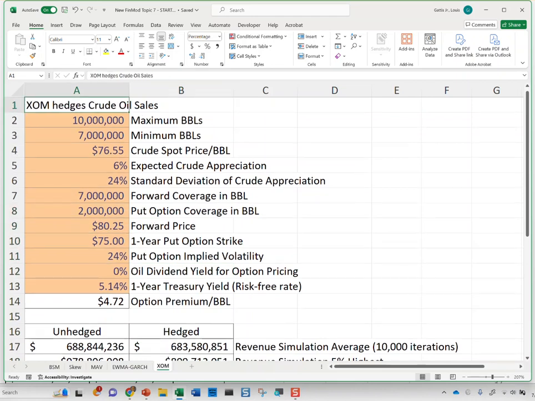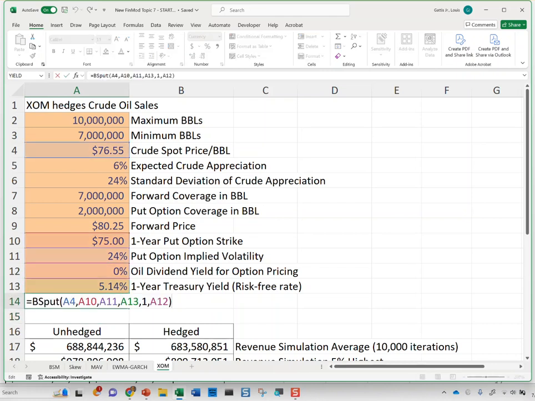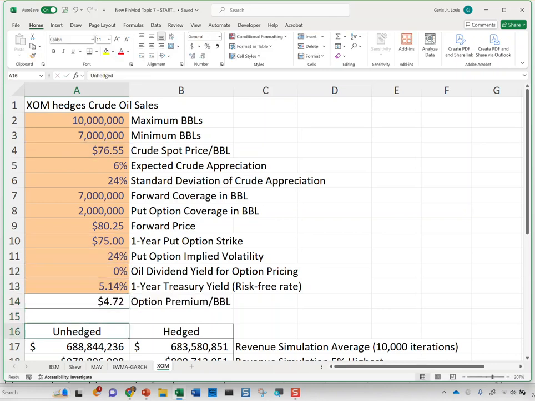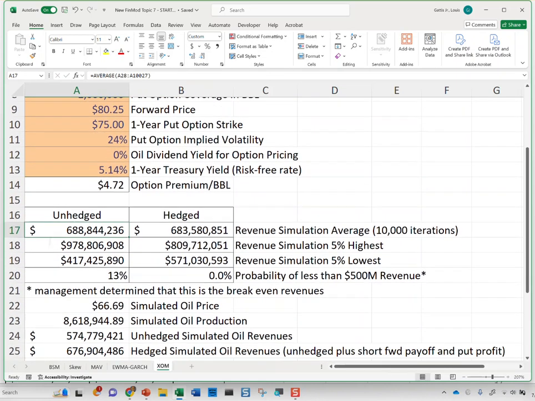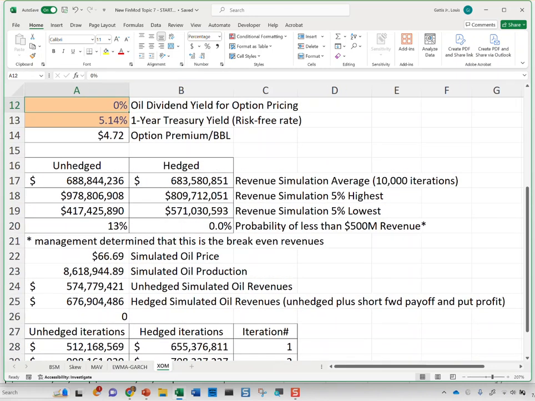Well, this could be a model for an oil user, say a purchaser of oil. If I did that, I would need a call option price. And when I calculated this over here, these would be costs, and the simulated production would be negative.